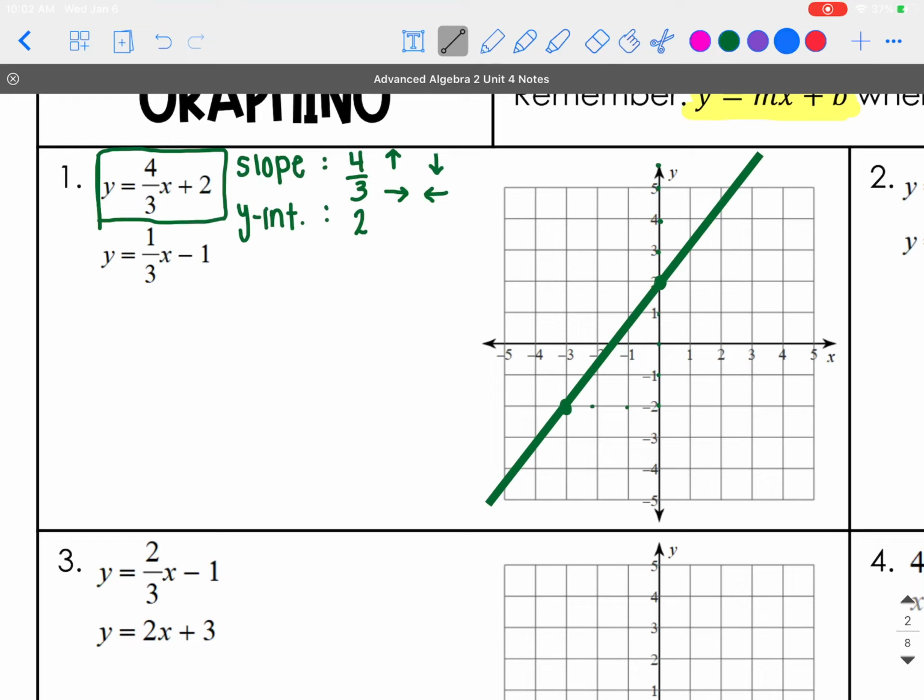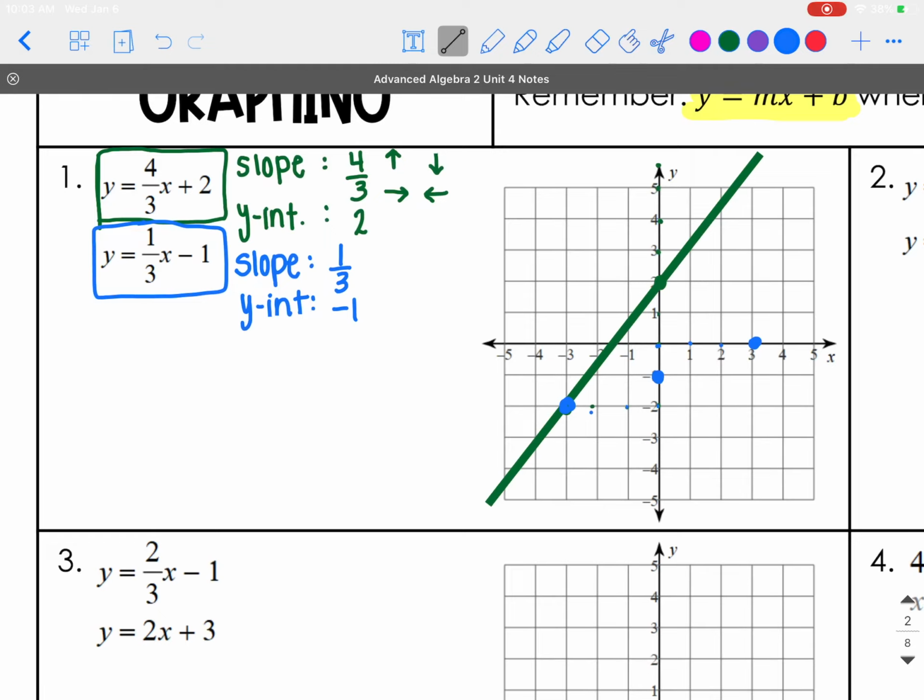Then we're going to look at the other line. This one has a slope of 1/3 and a y-intercept of -1. So I'm going to put my point on -1, and that tells me I'm going to go up 1, right 3. I could switch the direction and go down 1, left 3, and that gives me the point where they cross.